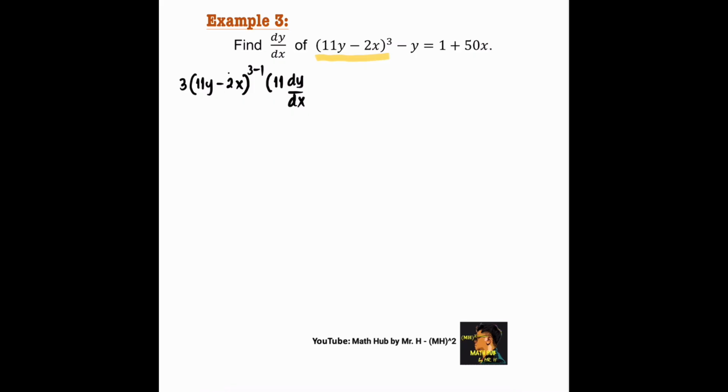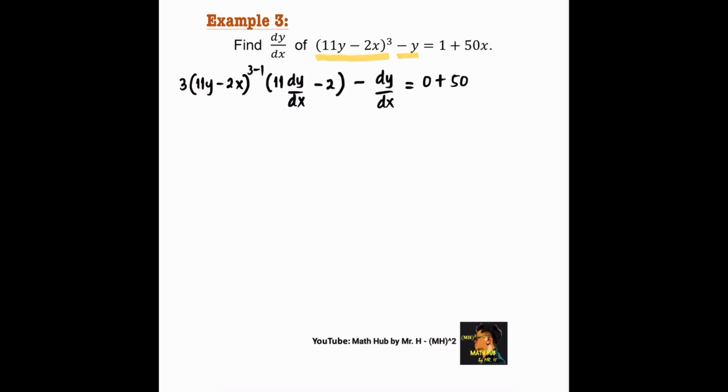Derivative of negative 2x is negative 2. Next is the derivative of negative y, which is negative dy over dx, equals derivative of 1, and a constant is 0, and derivative of 50x is 50.